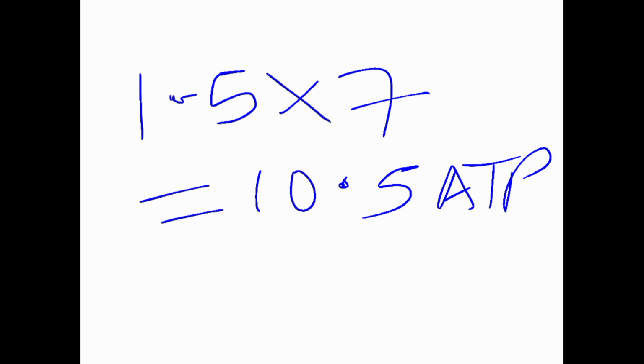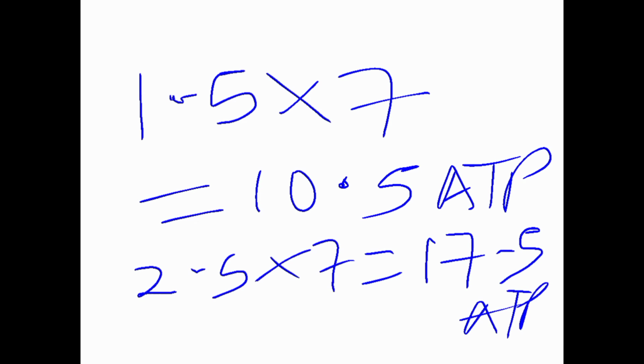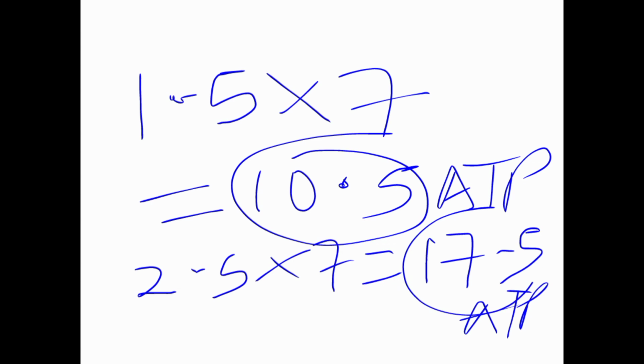So now if we go to the NADH, remember the NADH is 2.5. So times 7, we'll get what? 17.5 ATP. So we generated 10.5 and 17.5 ATP.